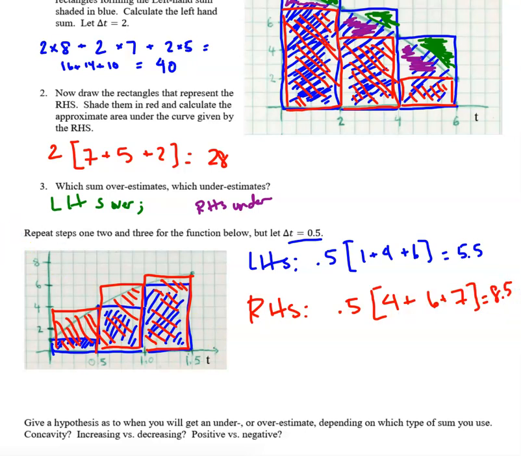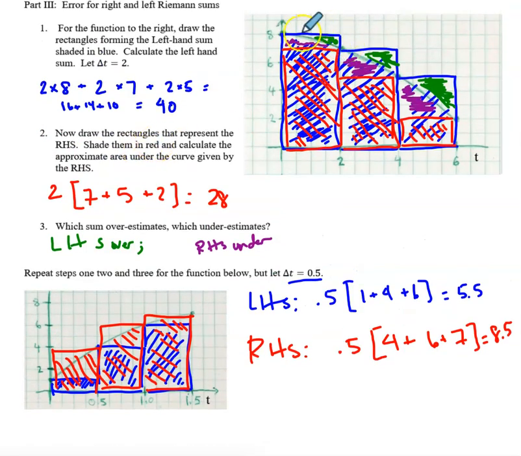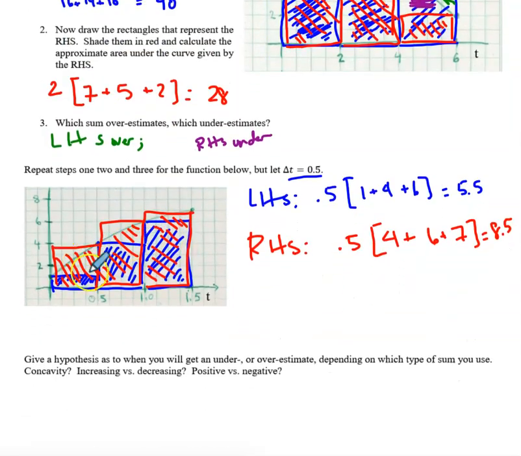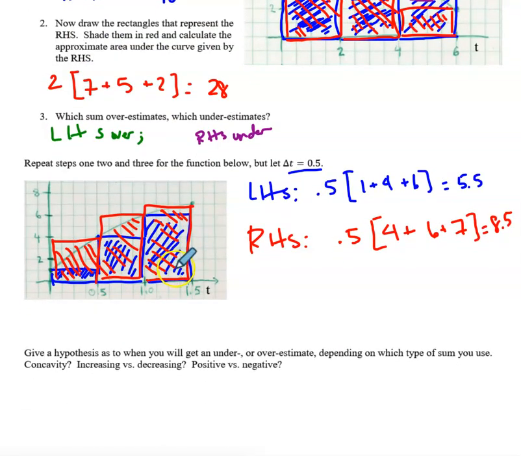So the next question actually asks us to take a look at what we have from these 2 problems, this first problem and this second problem, and try to understand when the left-hand sum or the right-hand sum will underestimate versus overestimate. Because looking at this problem, the left-hand sum here is an underestimate because I've got sections that are under the curve but not contained within the left-hand sum.